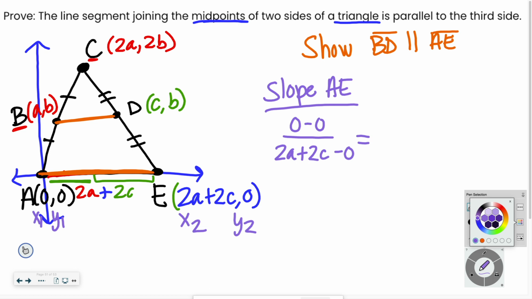We simplify, 0 minus 0 is 0. 2a plus 2c minus 0 is just 2a plus 2c. Being the brilliant mathematicians that you are, what's 0 divided by anything? Just 0. And it should make sense, right? We drew it on the x-axis, which is a horizontal line, so that should have a slope of 0.